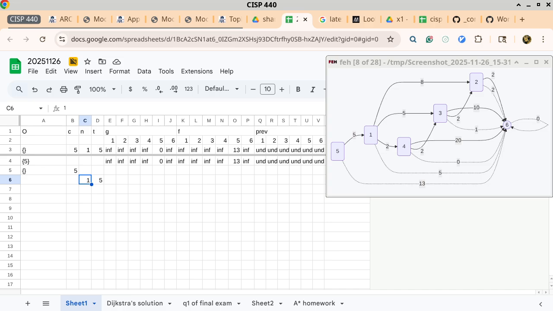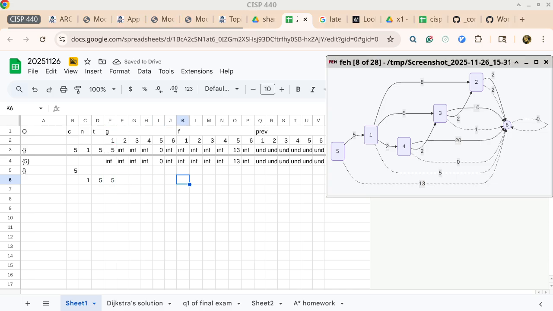Very good. So we have a bunch of stuff to update because we first have to update g of 1 and say, you're supposed to be a 5. And then we also have to update f, because now we know that to go from the start vertex to vertex 1, the shortest path is 5. But if I were to go through vertex 1 to the destination, I'm going to have to add this 5 here. So that means f of 1 is going to be a 10.